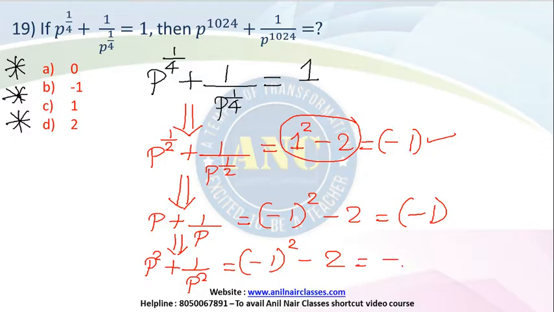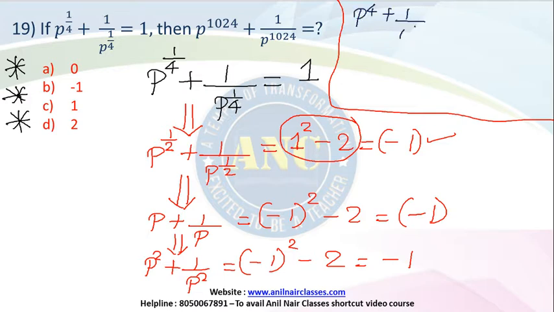It is minus 1. Now if I continue, let me write it at the top of the screen in a different color so that you can correlate. After p square plus 1 by p square, next is p power 4 plus 1 by p power 4. Same thing, minus 1 whole square minus 2, again minus 1. Next p power 8, again minus 1. P power 16, p power 32, p power 64, p power 128.